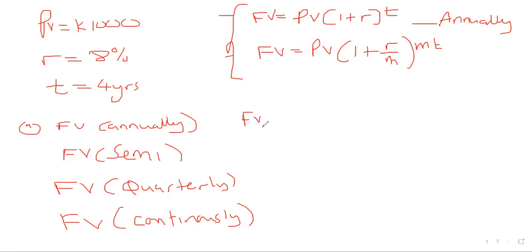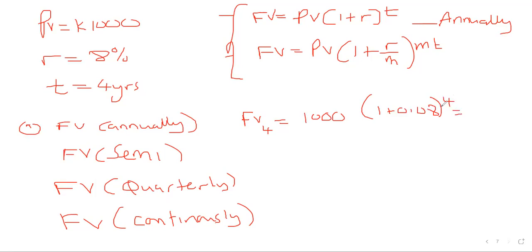So what is the future value we're going to have in 4 years? The present value there is what? 1,000. Our interest rate is what? 8%. So 1 plus 0.08. And our time is how many years? 4 years.